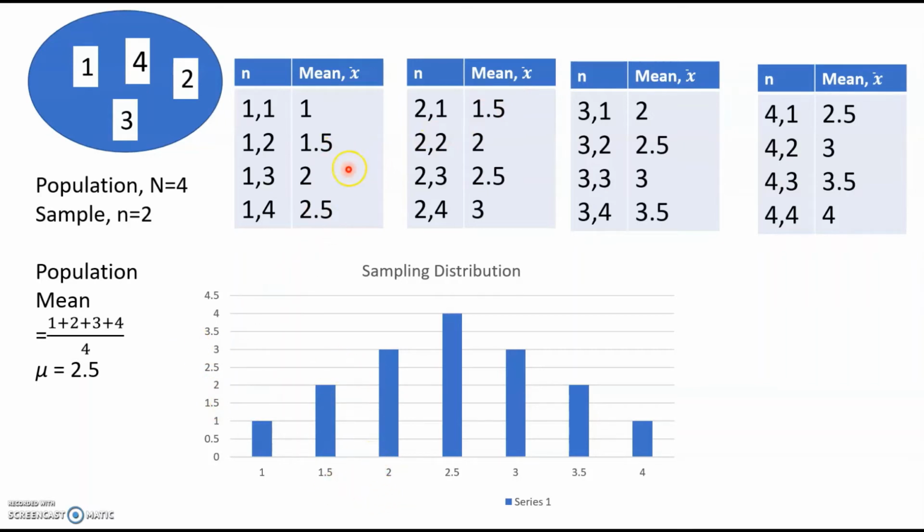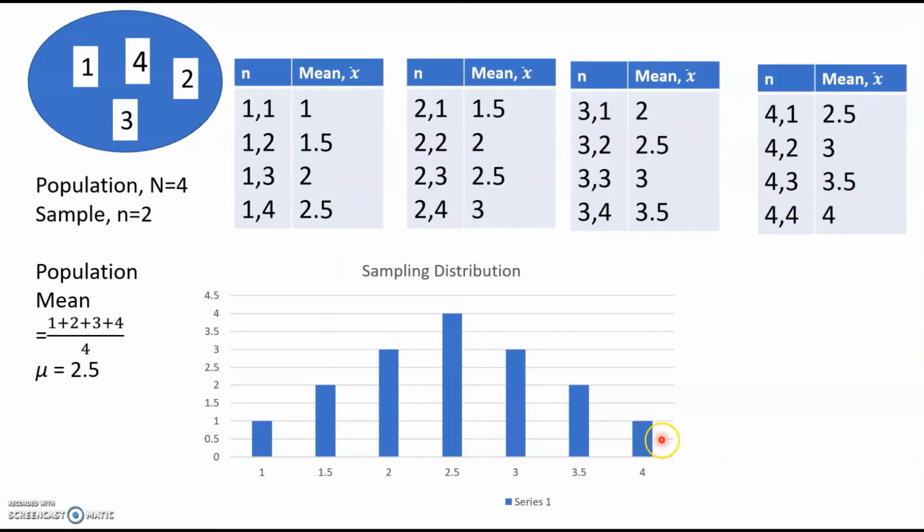And 2 is 1, 2, 3, so it is 3 times. Similarly, 2.5 is 1, 2, 3, 4, so it is 4 times. Then you have 3 with 3 times, 3.5 with 2 times, and 4, which is here, only once.